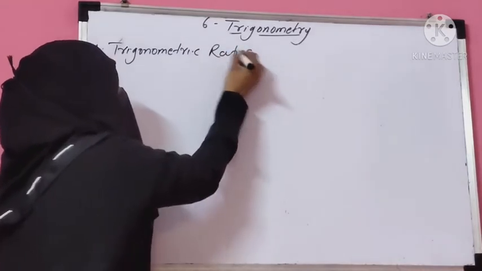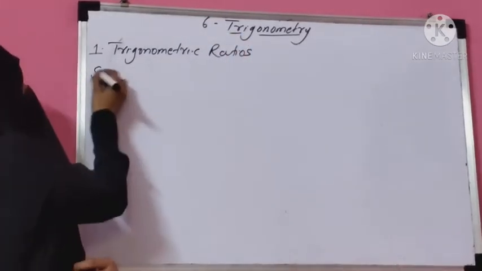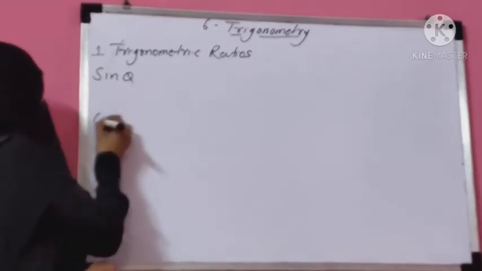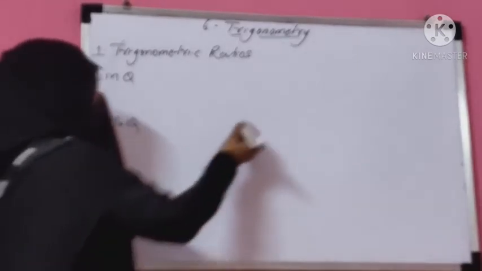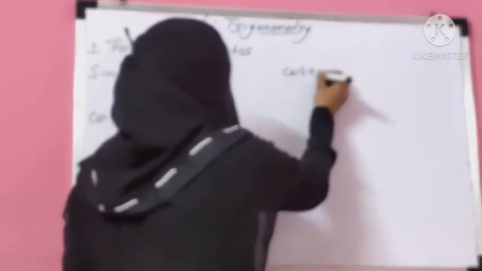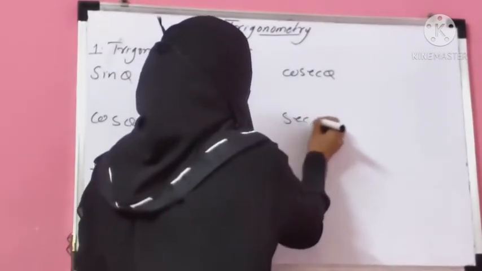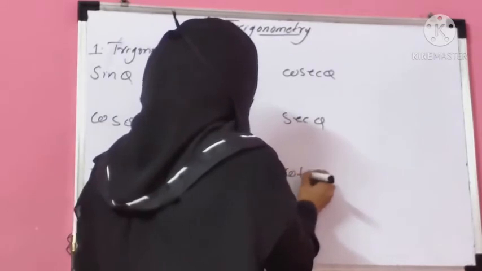Normally there are 6 trigonometric ratios: sin theta, cos theta, tan theta, cosec theta, sec theta and cot theta.